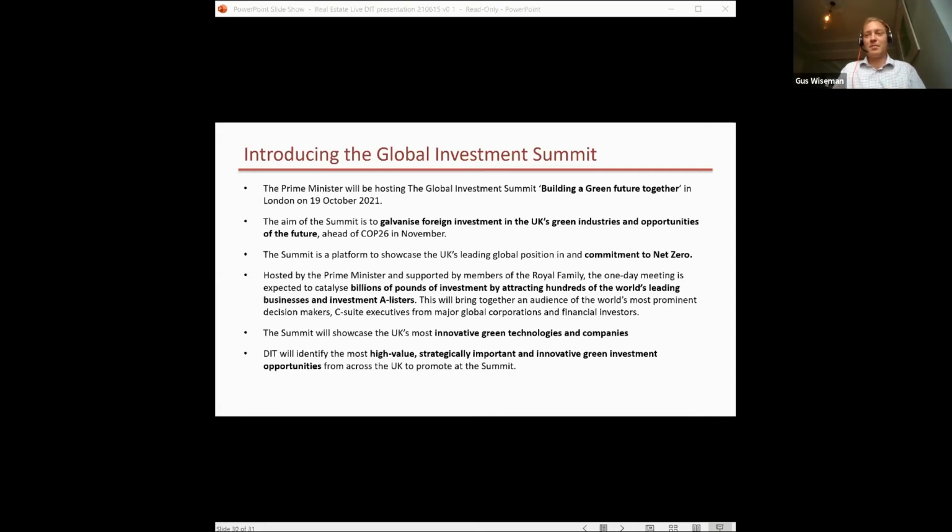I equate it to an investment version of Rightmove, for those who've been on that. And we think that tools like that, bringing UK investment opportunities closer to the international audience, is really what we're all about. And the summit's going to play a key part in that.